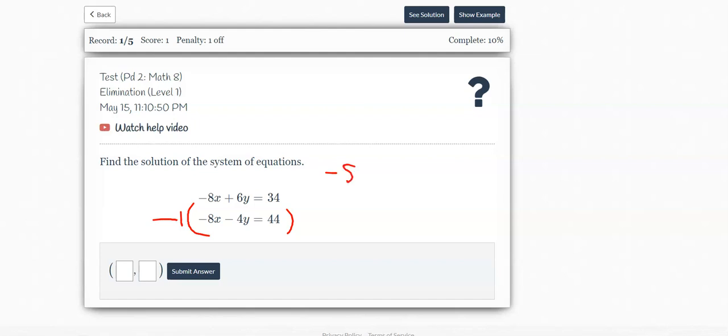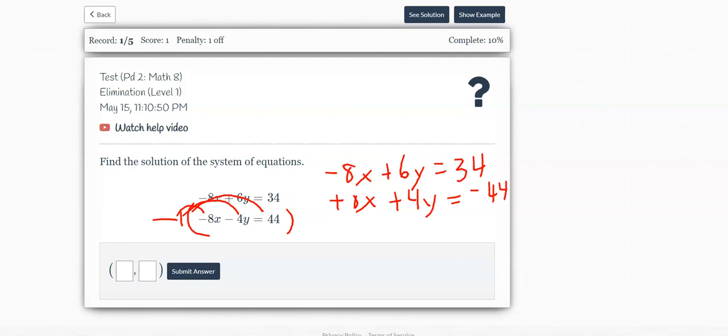My first equation stays the same, but my second equation will turn to a +8x, distribute +4y, distribute -44. So 10y equals -10, y equals -1.